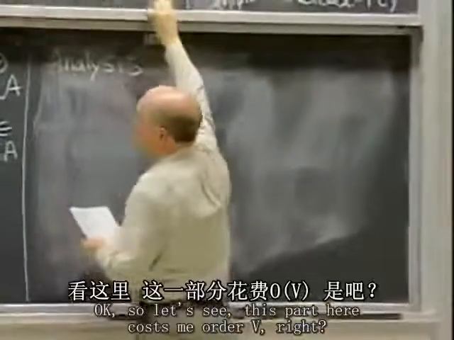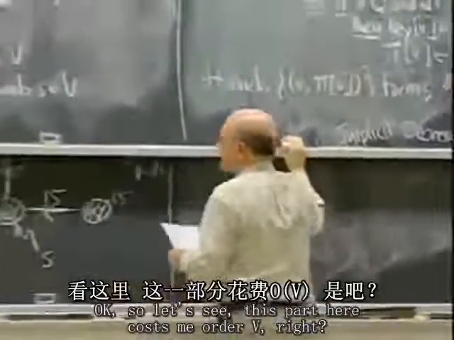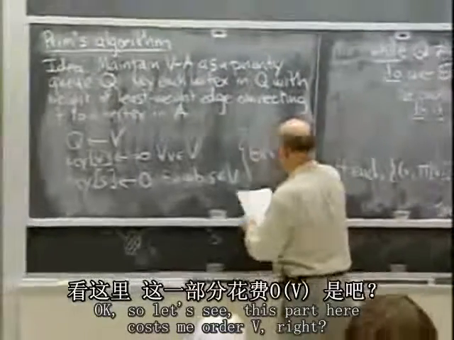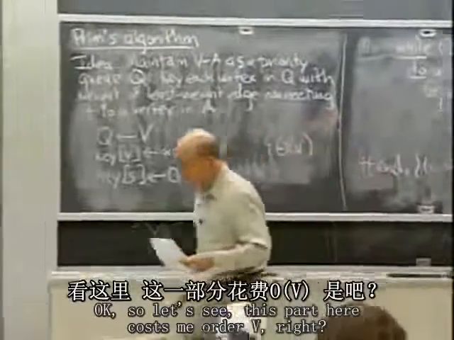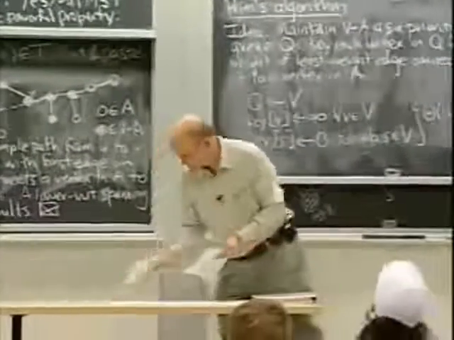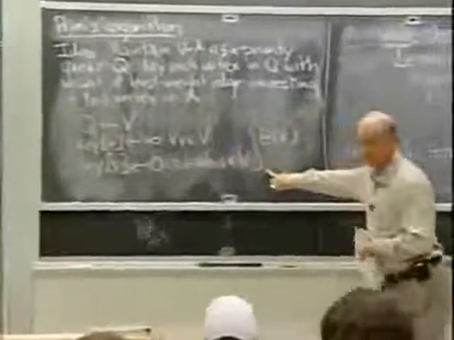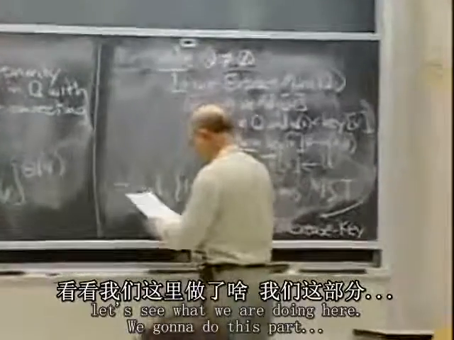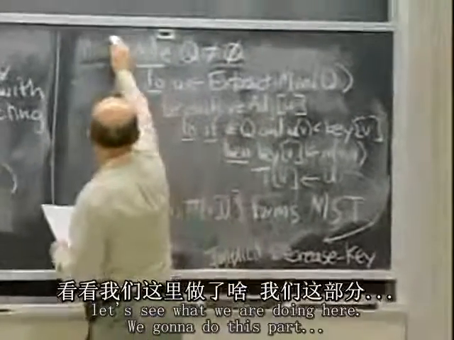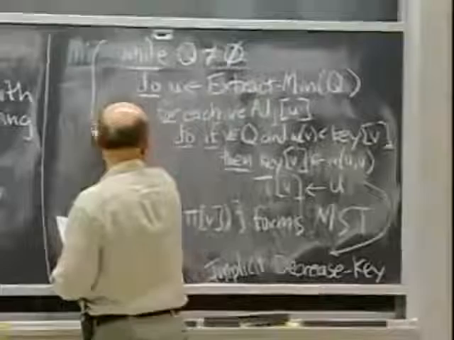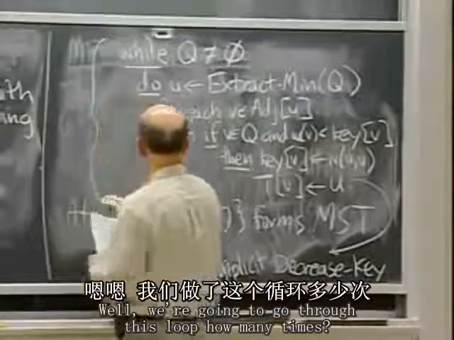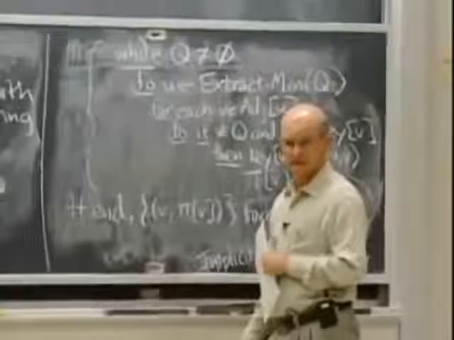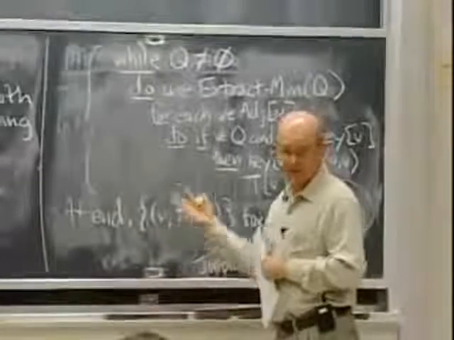Okay, so let's see. This part here costs me order V, right? Then this part, let's see what we're doing here. We're going to go through this loop how many times? V times.